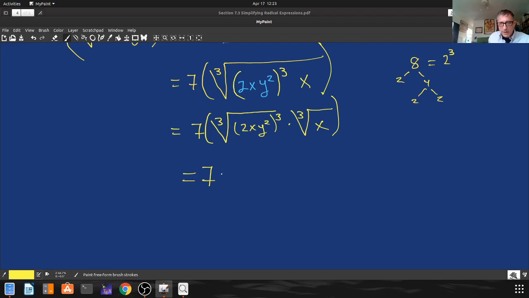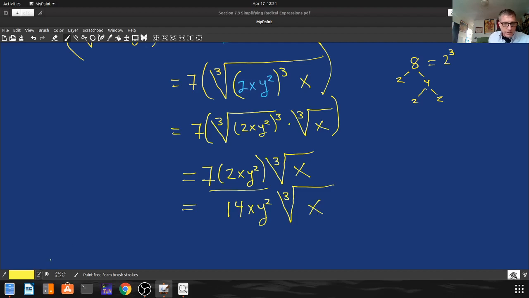The index is odd, so that's times 2xy squared, and there's nothing I can do with the cube root of x, but I can simplify this, because this is 7 times 2xy squared, which is 14xy squared times the cube root of x. And that is our final answer right here. Final answer.